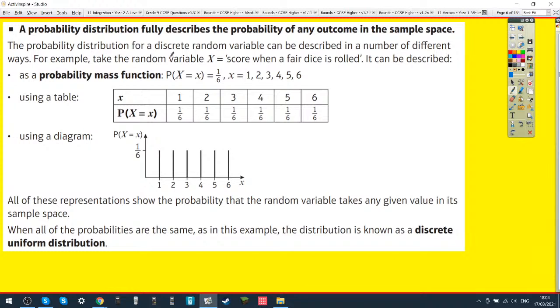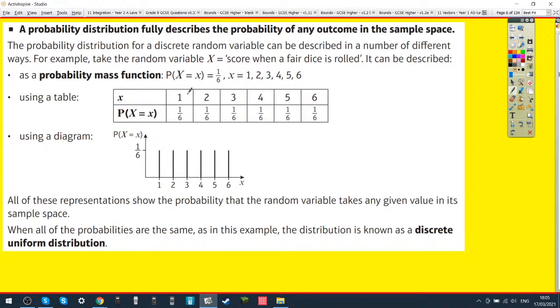For example, take the random variable x equals the score when a fair dice is rolled. It can be described as a probability mass function: the probability that x is equal to some particular value of x is a sixth, where the values x can take are 1, 2, 3, 4, 5, 6.